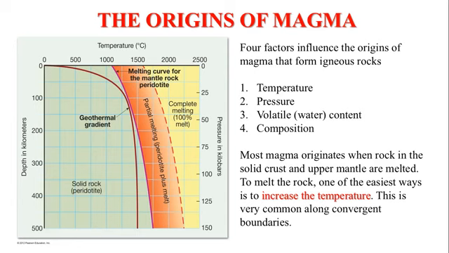One of the simplest things to explain with the origins of magma is temperature, because as you go deeper into the Earth's crust, as you can see over here, you're going to increase temperature as well as pressure. Now we'll get to pressure here in a second.